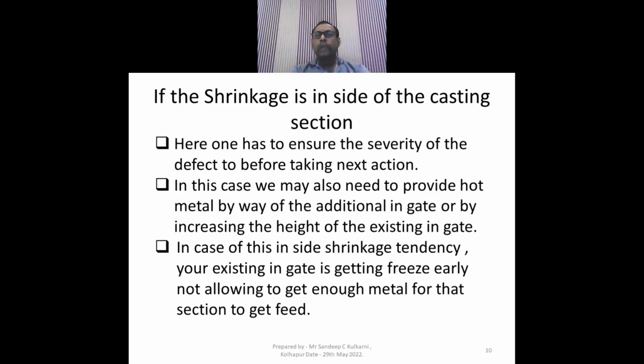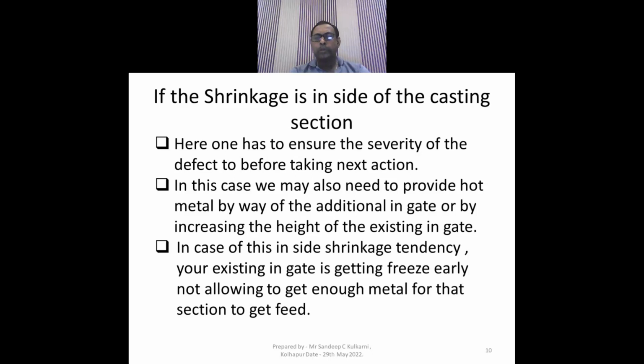Here, one has to ensure the severity of the defect before taking the next action. In this case, we may also have to provide hot metal by way of an additional ingot or by increasing the height of the existing ingot. In case of this inside shrinkage tendency, your existing ingot is freezing early, not allowing enough metal to feed that section.